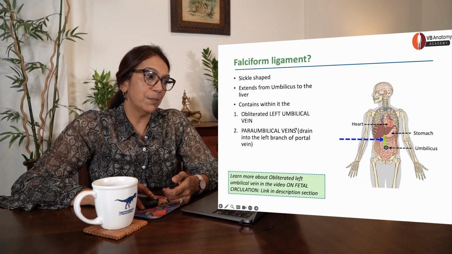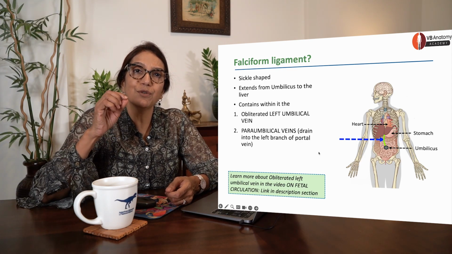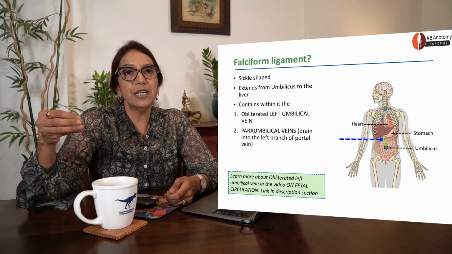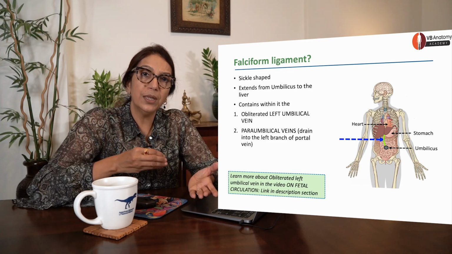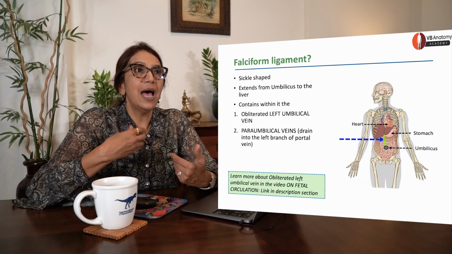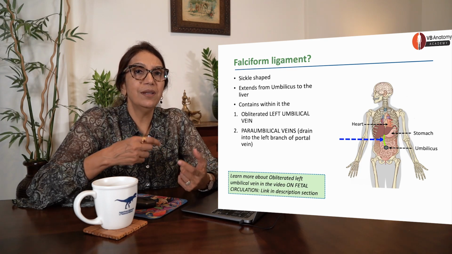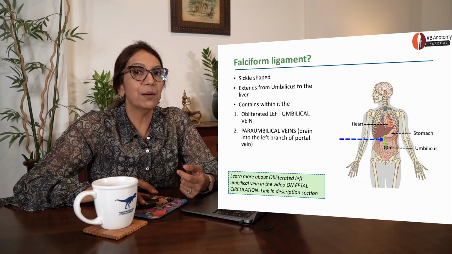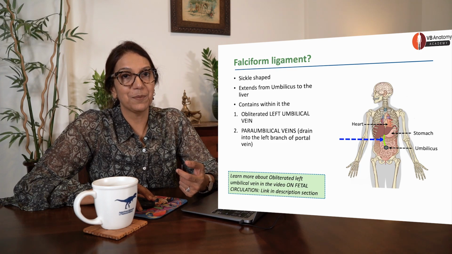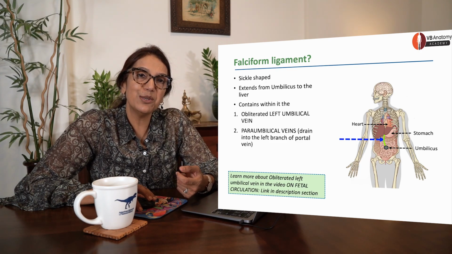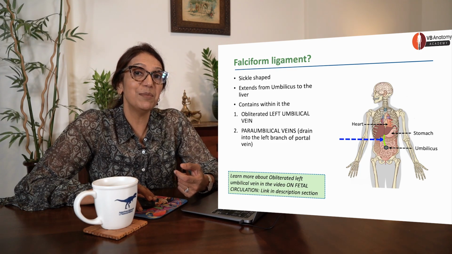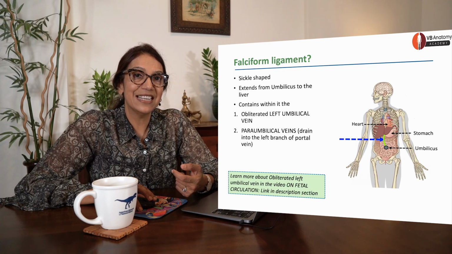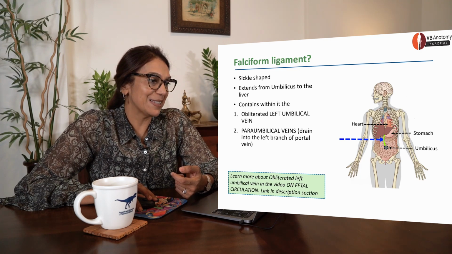Similarly, left umbilical vein is actually a vein which was carrying oxygenated blood from the placenta to the fetus. Once the child is born, this vein gets obliterated, leaving behind a ligament called ligamentum teres hepatis. Any other ligamentum teres you are aware of? Ligamentum teres femoris. See if you can remember what that is.